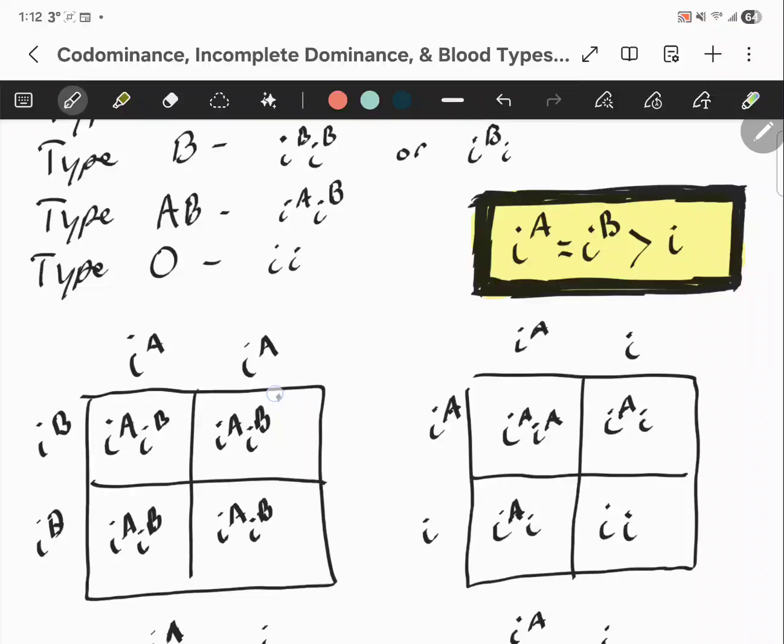If we have type AB blood, like this person or any of the kids in this example, they don't have some sort of half A antigen, half B antigen. No, their red blood cells have a full type A antigen and a full type B antigen. The type A antigen is fully expressed and fully available on their red blood cells, and the type B antigen is fully expressed and fully on their red blood cells as antigens.